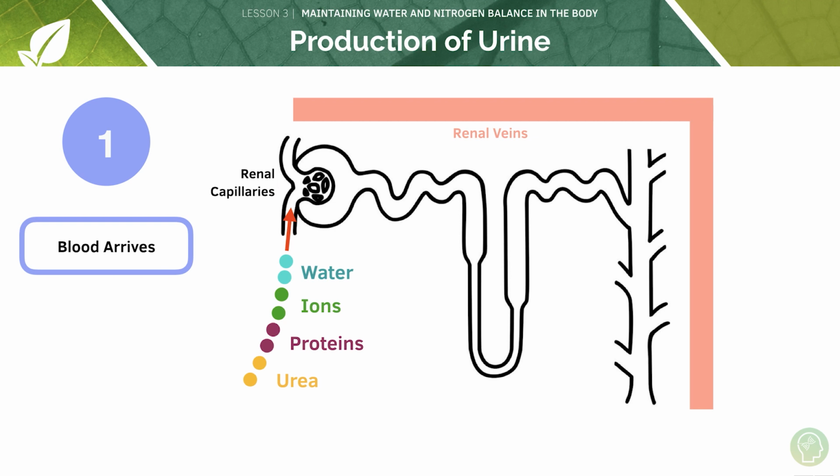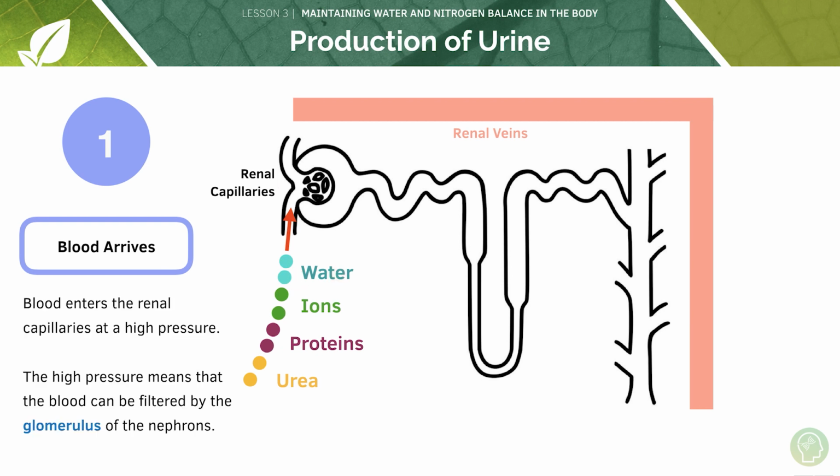And this all occurs by a really complex network of these structures called nephrons in the kidney. And so there are millions of nephrons in the kidney, and they form structures such as this. And how it happens is you have blood arriving to your nephron through the renal capillaries.